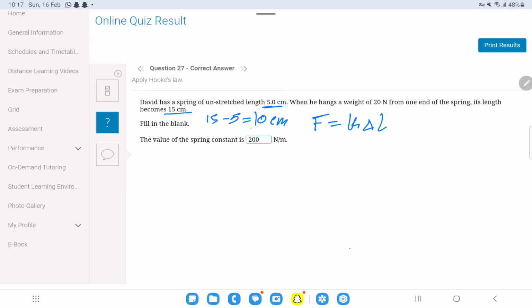We want it in meters, we divide by 100, so it's 0.1 meters. F is 20, they gave it to us, and k is F over delta L. So F is 20, delta L is 0.1, so k equals 200.